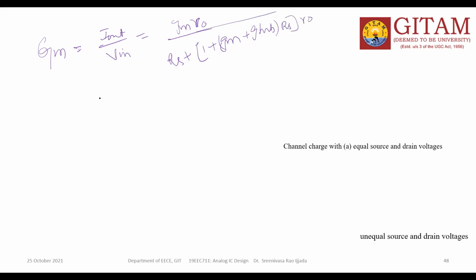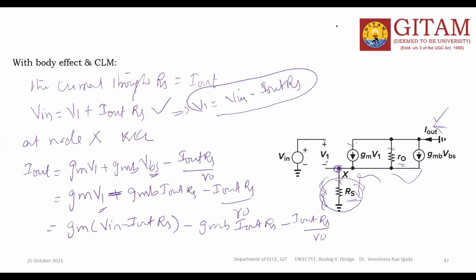This is your capital GM equation including the channel length modulation and the body effect. See, here, take the common. So this is our Iout equation.